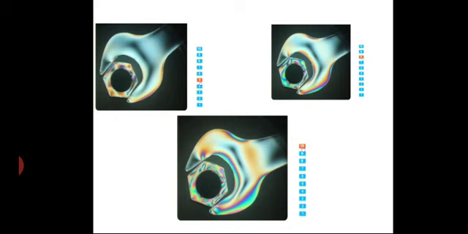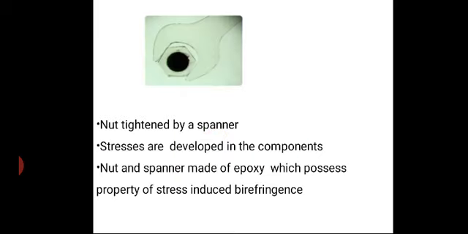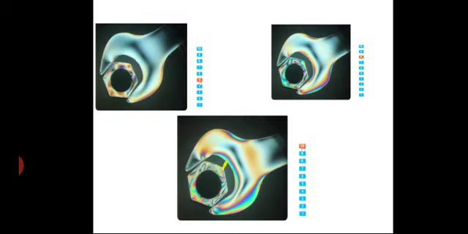When the load is increased from 1, 2, 3, 4, to the fifth loading, that is 5 Newton or 5 kg, and gradually increased, you can see the stress patterns varying at different points. You can observe the stress concentration is maximum at this point, or at this point. Similarly, on the outer surfaces, you can see how the stresses have been distributed.